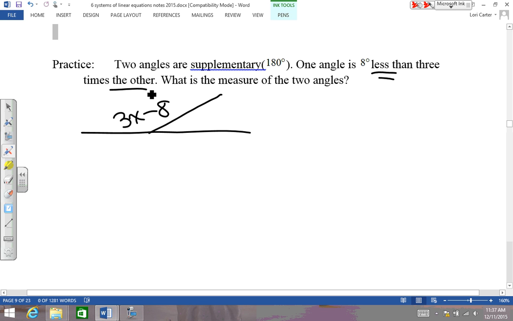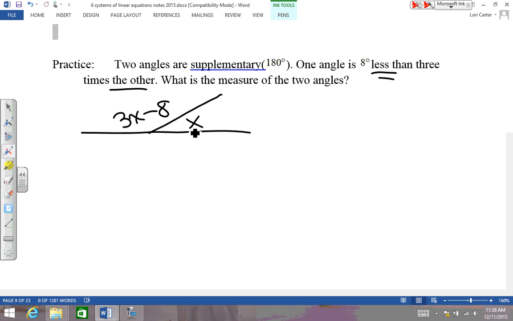Where did the other angle come from? And what did you multiply the 3 by? X. You took 3 times the other, so 3 times x, and you subtracted 8. We understand? So that's what we gotta find.